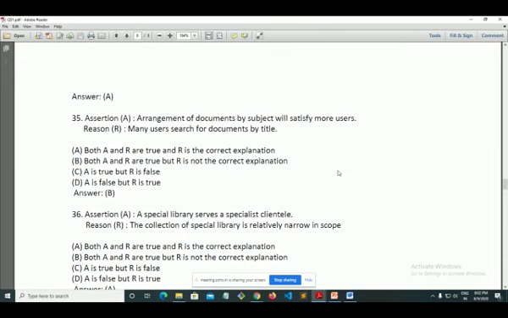A, both A and R are true and R is the correct explanation. B, both A and R are true but R is not the correct explanation. C, A is true but R is false. And D, A is false but R is true. And the correct answer is B, both A and R are true but R is not the correct explanation.